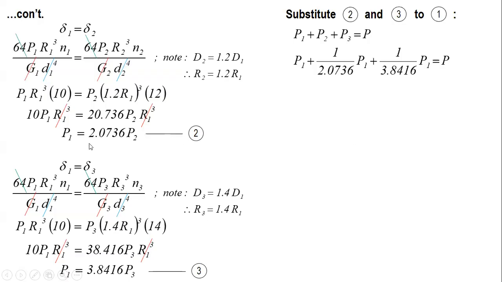From equation 2, P2 is P1 over 2.0736. And from equation 3, P3 is P1 over 3.8416. So add the coefficients 1 plus 1 over 2.0736 plus 1 over 3.8416. After that, divide P by the total coefficient of P1. And we have this one. P1 is 0.574 of P.